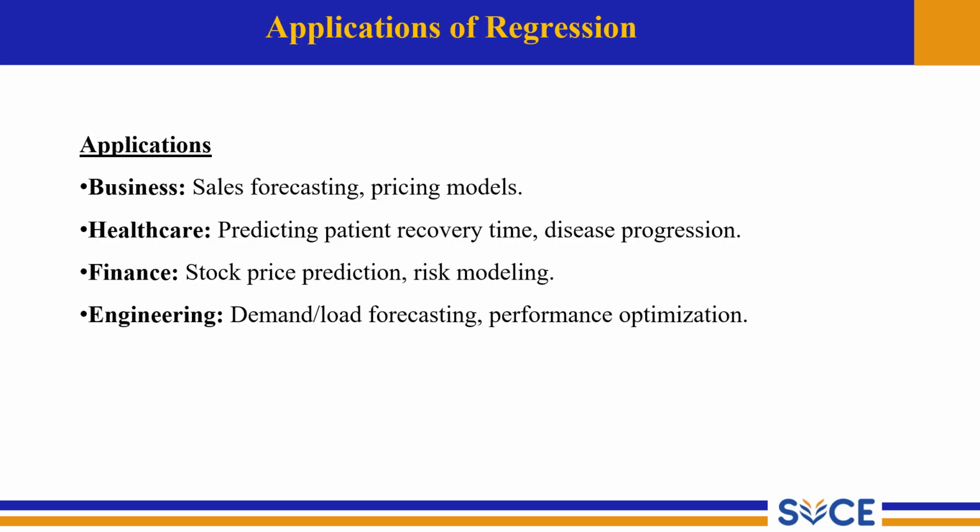In healthcare, regression supports critical decisions such as predicting patient recovery time, estimating hospital stay duration, or modeling disease progression. These predictions help doctors plan treatments more efficiently and improve patients' outcomes.